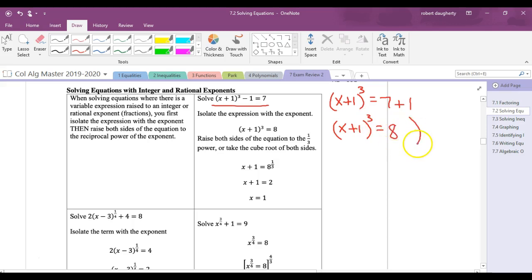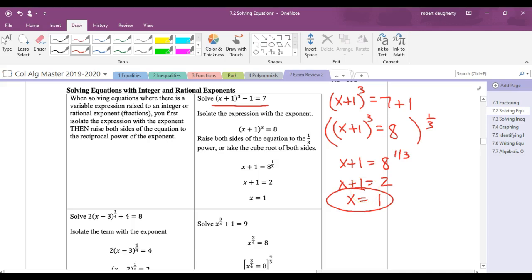Now I want to take the cube root, or raise everything to the 1/3 power. On the left, I get x plus 1 equals 8 to the 1/3. What does 8 to the 1/3 mean? That means the cube root of 8. So this is x plus 1 equals 2, or x equals 1.